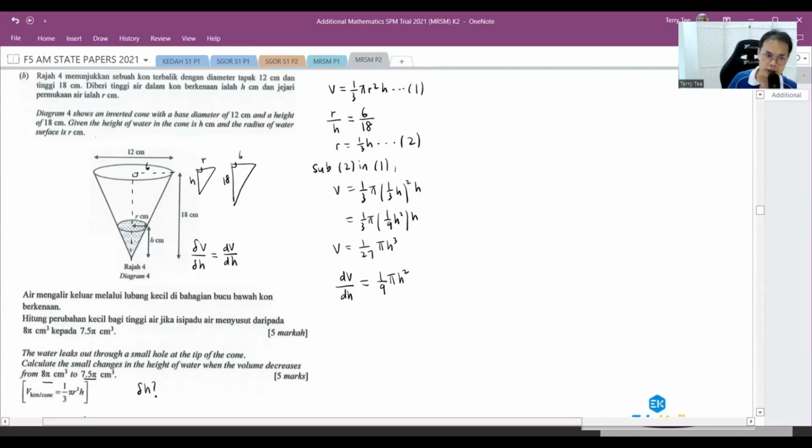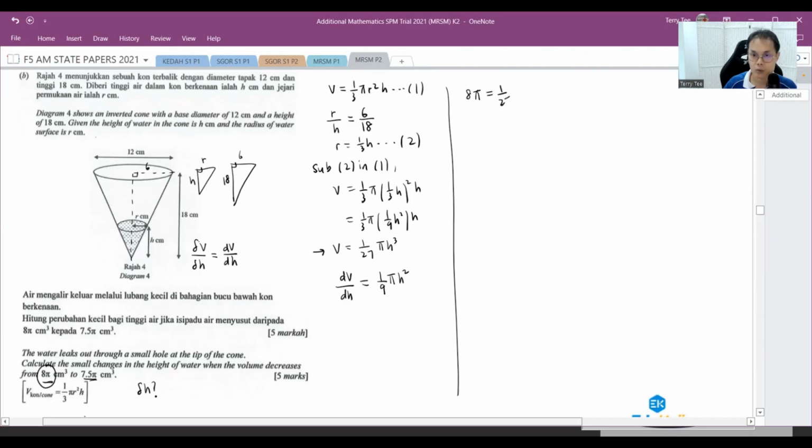And you're finding this rate when your volume decreases from 8 pi to 7.5 pi. Now, here's the problem. This question is really long. I don't know what h value I have to sub in. I need to find out what h value I can sub in here. Now, you're given that initially the volume is 8 pi. So you go back to this formula here. Initially, your volume is 8 pi.